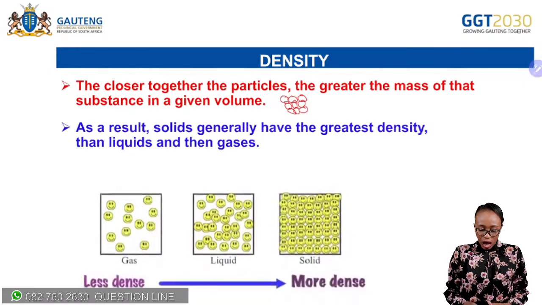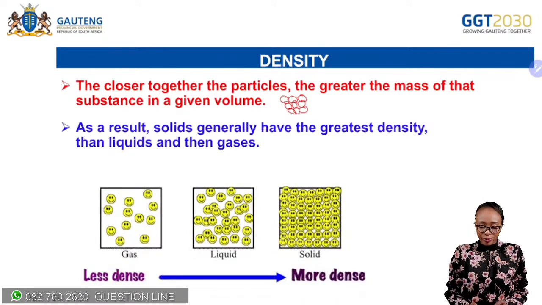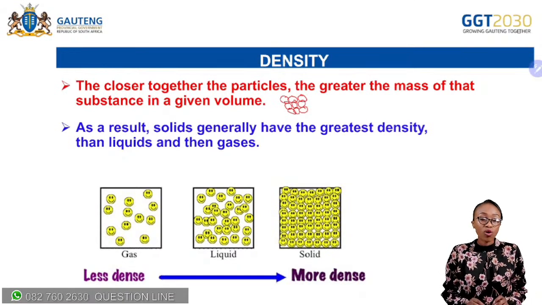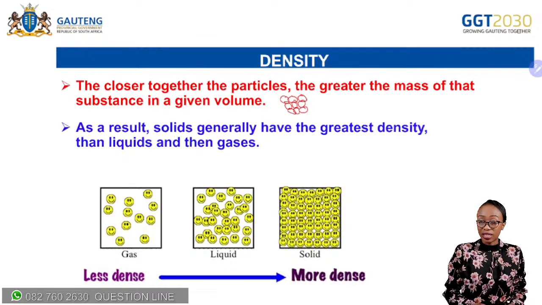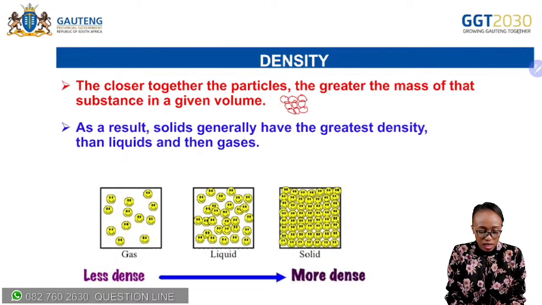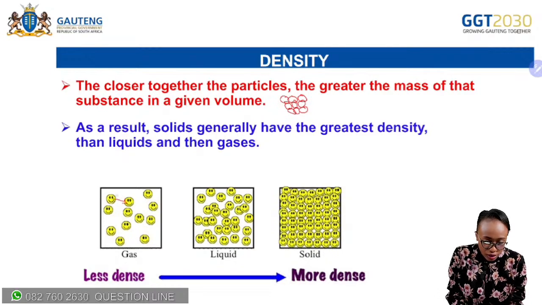Okay, now let's look at this diagram here. I've got a box of smiley faces. So we'll start off with the gas. We said the gas is less dense, therefore having a smaller mass. You see the spaces in between these particles? They are quite big.